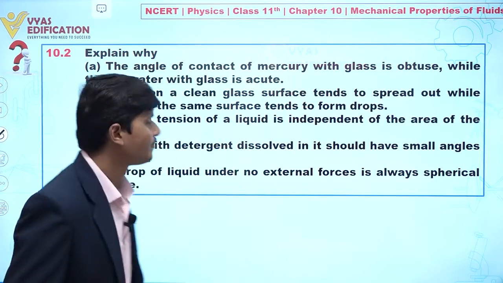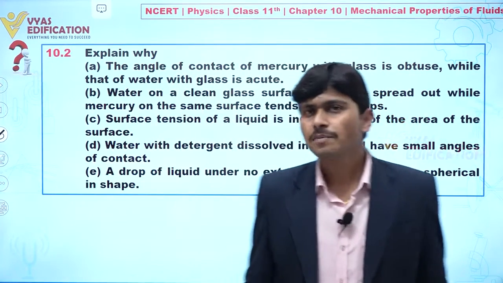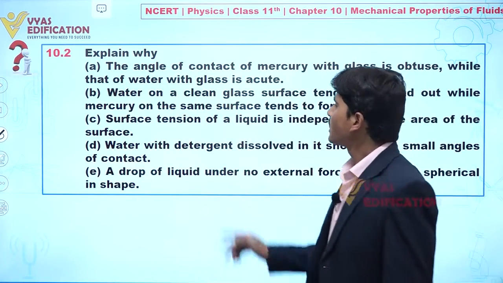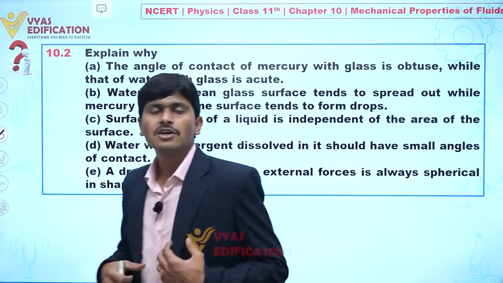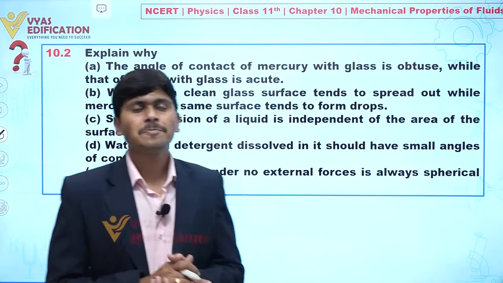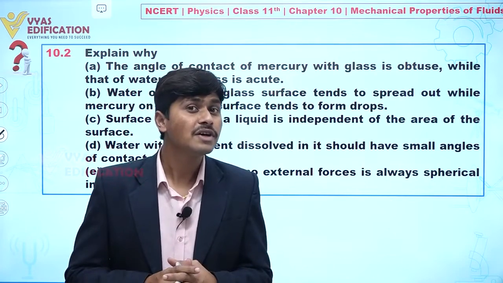Clear to everyone? Done. Now in part C it is given that surface tension of a liquid is independent of area of a surface. So first of all let us try to understand how we can define the value of surface tension.